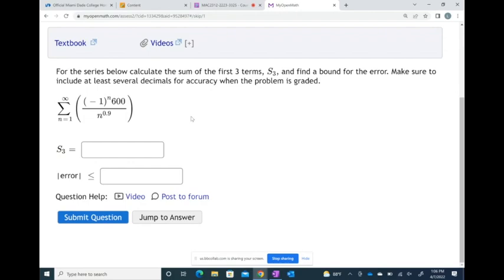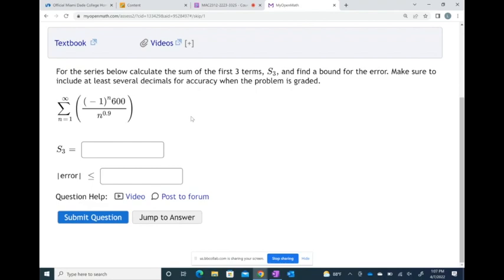Let me double check because I think this number is a little bit strange. So negative 1 plus 2 to the negative 0.9, minus 3 to the negative 0.9, times 600.